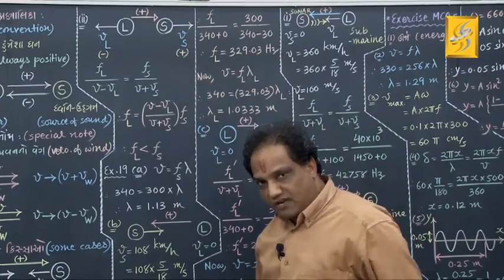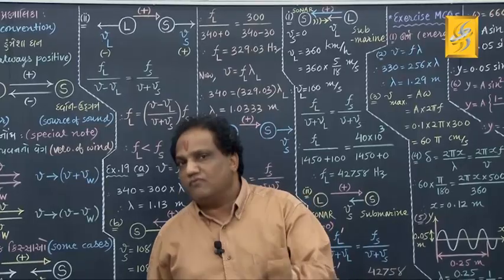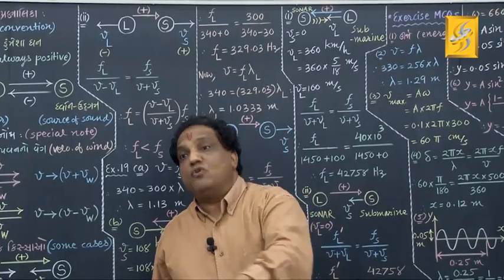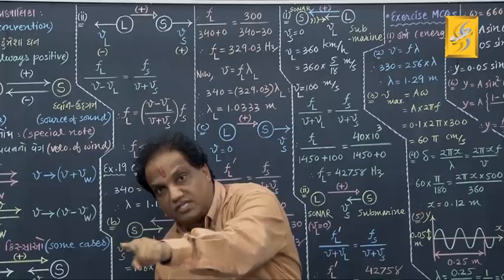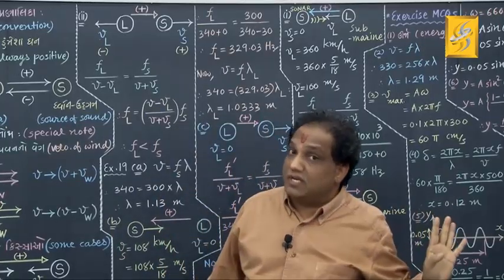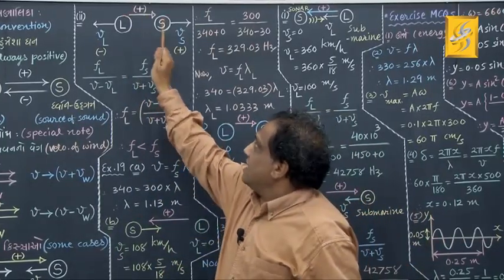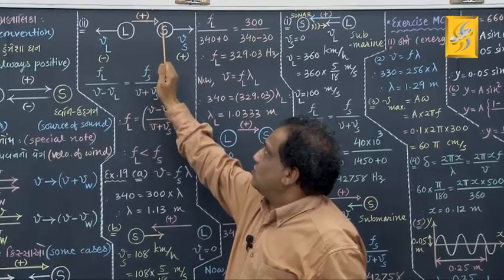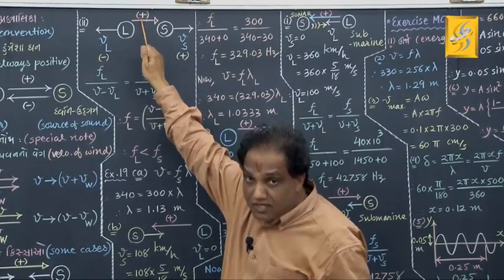Now recall that sign convention. What was the second rule? Very simple. Velocity in a direction from listener to source should be taken positive.